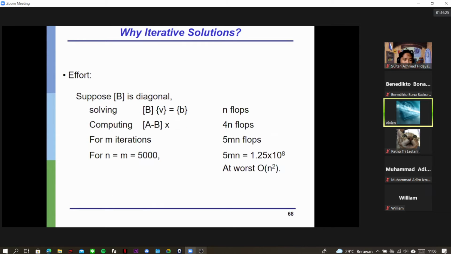So the memory requirement, and also the number of floating point operations needed, is less. Although we do repeated iterations, many times, it will still need fewer flops compared to Gaussian elimination.